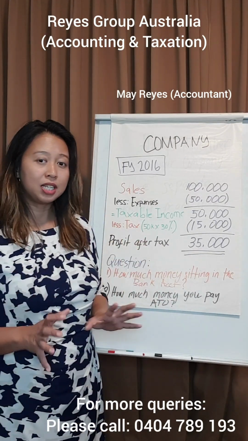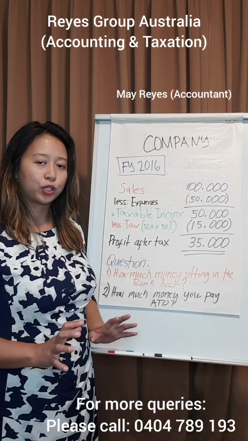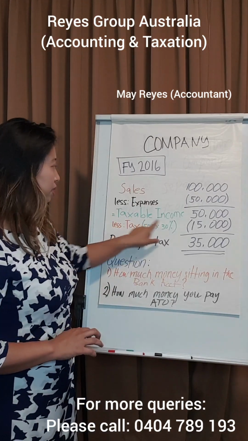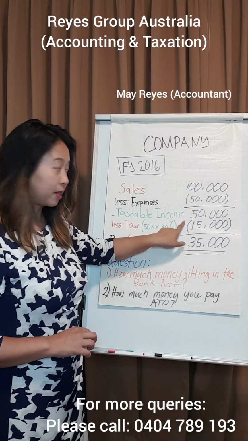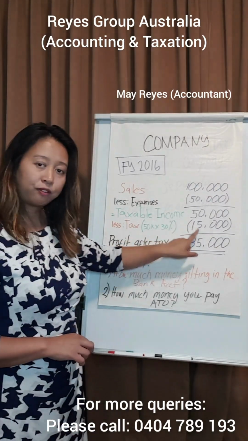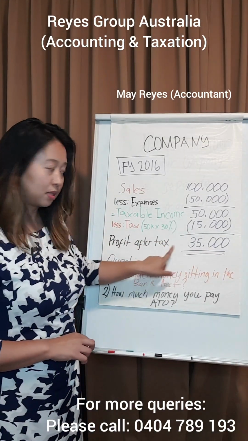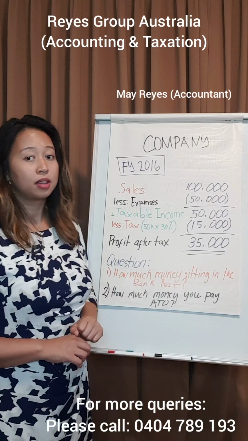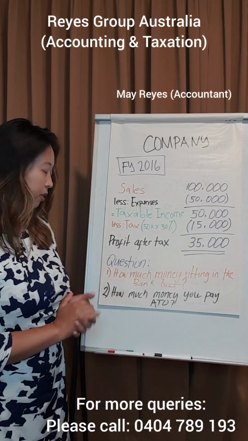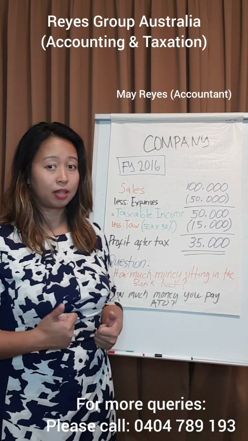And the profit after tax is 35,000. I would really like you to look at these figures further and remember this: taxable income, 50,000. Tax, 15,000. Profit after tax, 35,000. My question to you: how much money is sitting in the bank account?